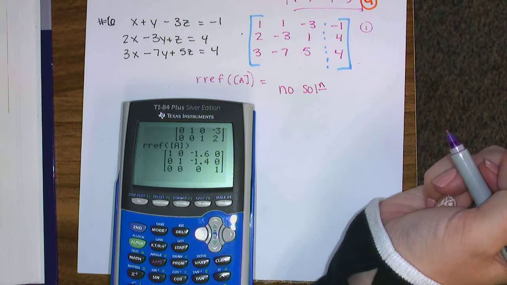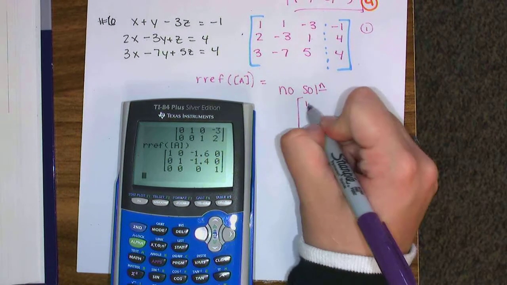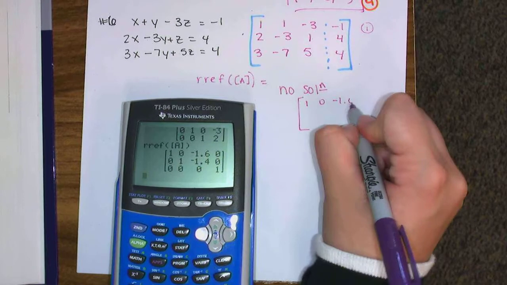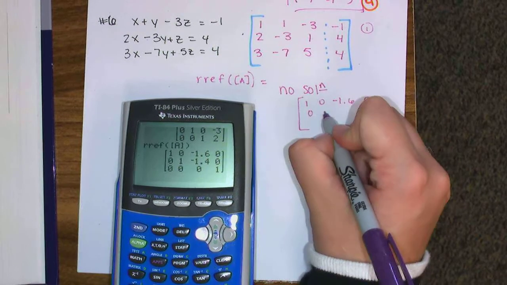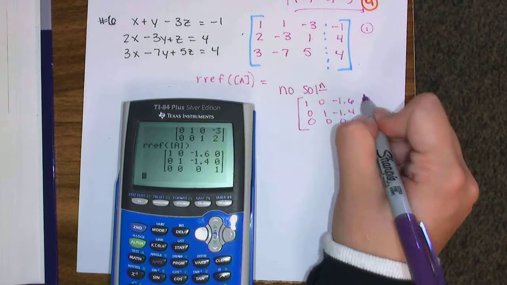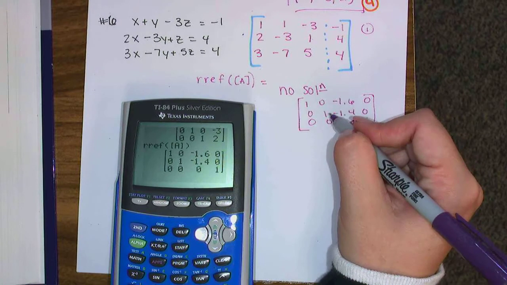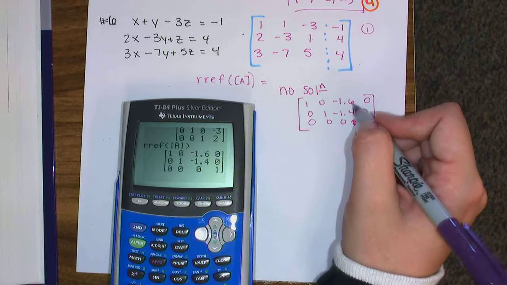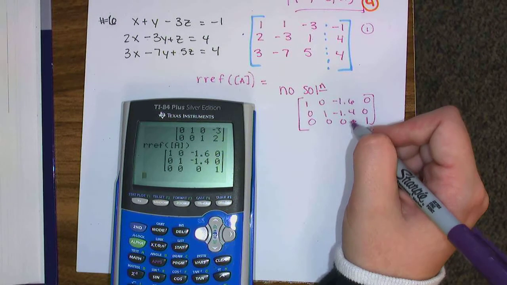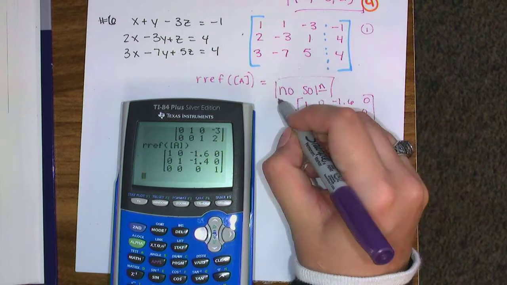So if you don't end up with it in the right form, so I had 1, 0, -1.6, 0, 0, 1, -1.4, 0, 0, 0, 0, 1. That means there's no solution because it did not row reduce all the way, but there's nothing that can be done to finish row reducing it. So there is no solution to this particular problem.